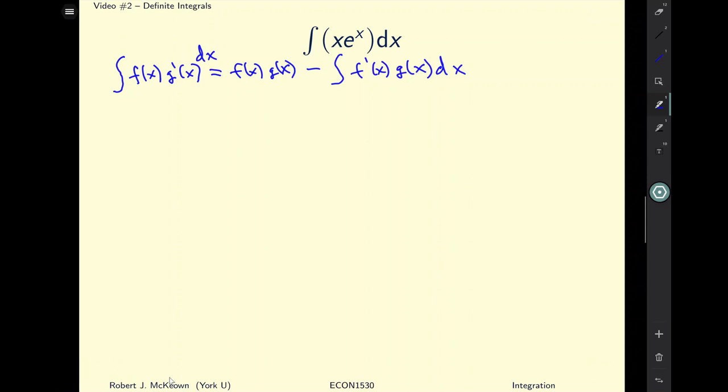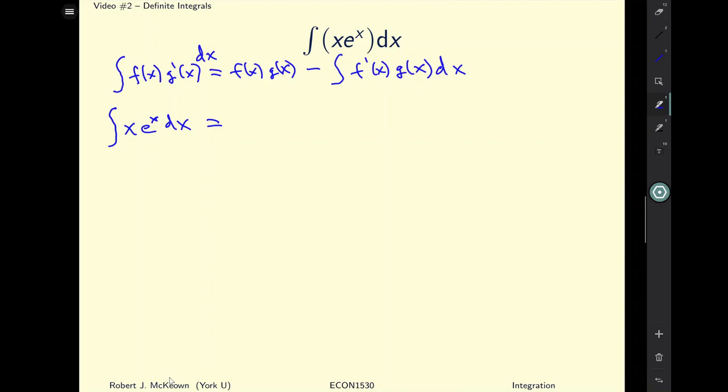Now moving over to the next step, I want to find the integral of x e^x dx. I put the equal sign, but now I need to assign each of these functions and maybe its derivatives or integral appropriately. So I'm just going to guess.